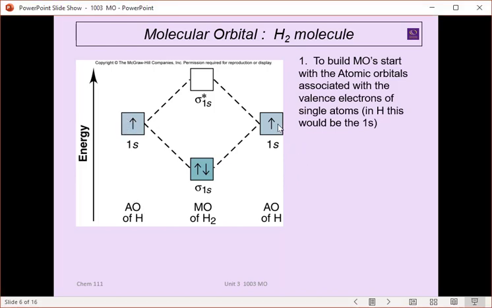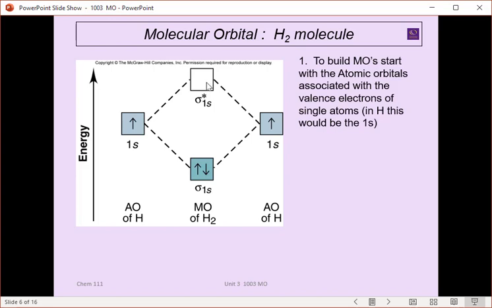Now, these are just for note keeping on the right and on the left. In the center is the actual molecular orbital. So what do we do? We come in with 2 atomic orbitals. So we then make 2 molecular orbitals. 1 bonding, it's the low energy one, and 1 anti-bonding.